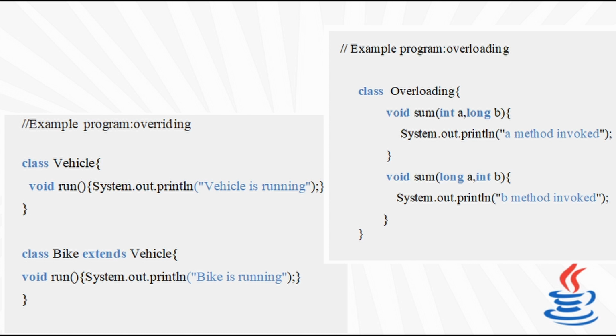Bike class extends vehicle class and overrides its run method. Here, method invocation is determined by the JVM, not the compiler. So, it is known as runtime polymorphism. Here, the sum method is overloaded. These methods have the same name but accept different arguments.